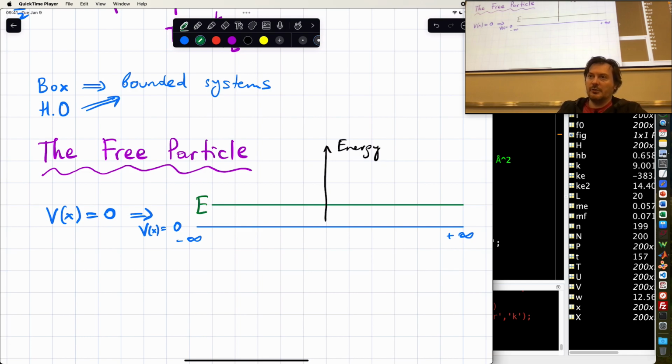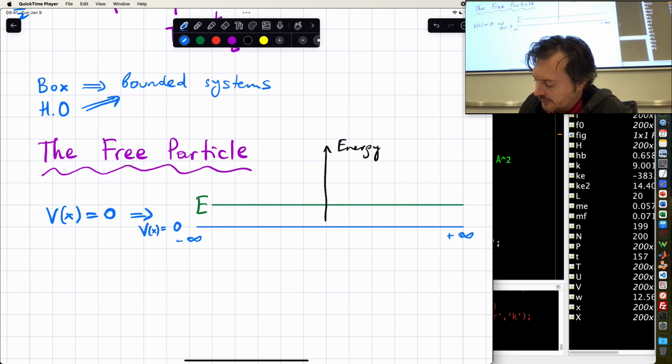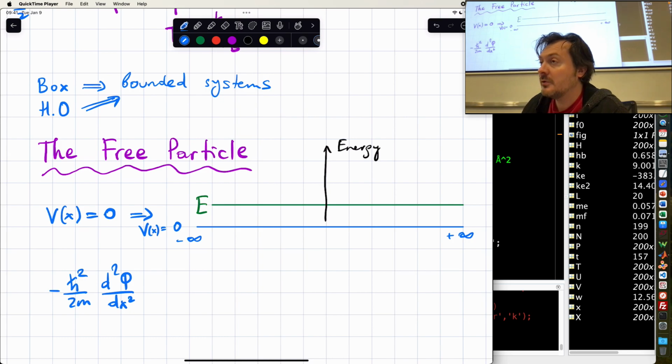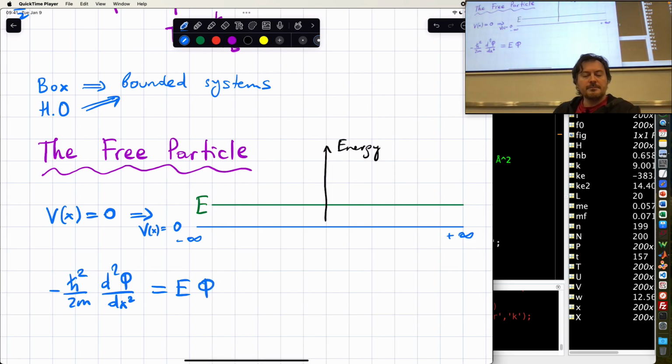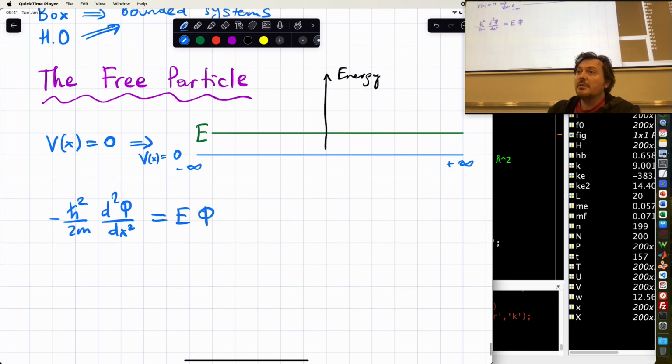One particle, 0 potential. Very good. Then the time-independent Schrödinger equation is minus h bar squared over 2m d squared phi over dx squared, and that's the Hamiltonian, right? You have V(x) is 0. It should be E phi. Do you agree with this? Any objection? Tell me.